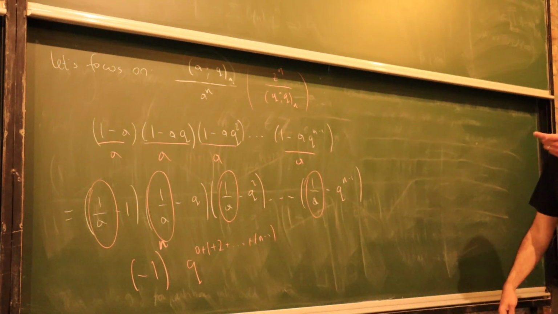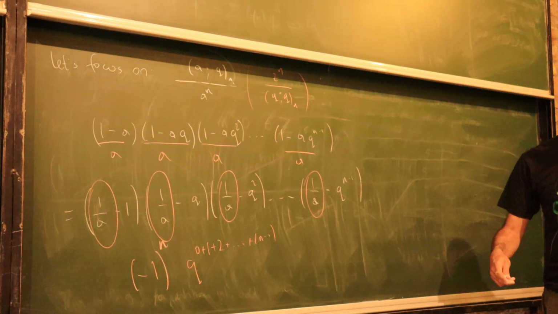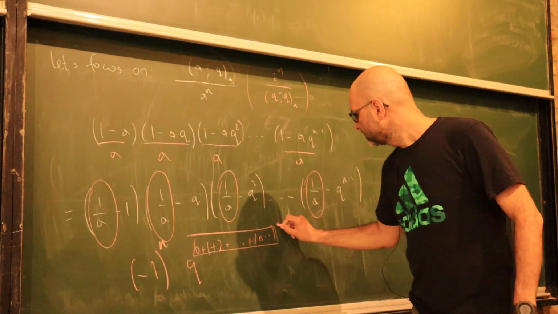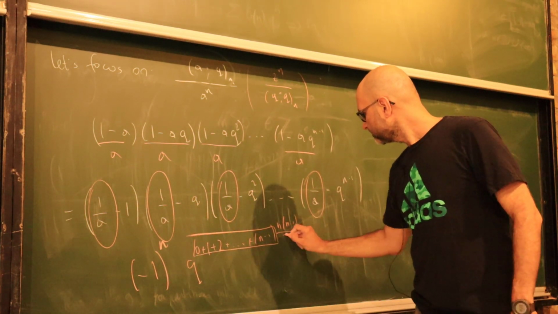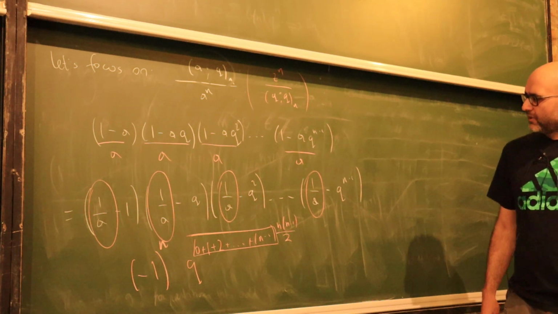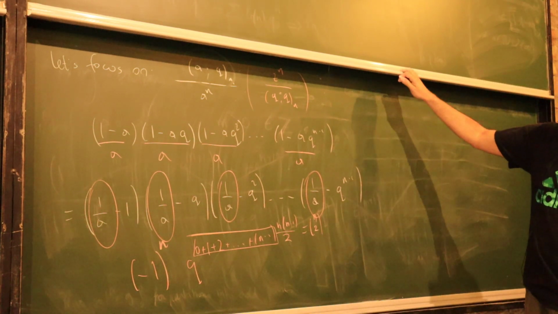And believe it or not, the sum of the first n minus 1 integers is (n minus 1) times n divided by 2. Some people leave it this way. I prefer to write it as n choose 2, the binomial coefficient.